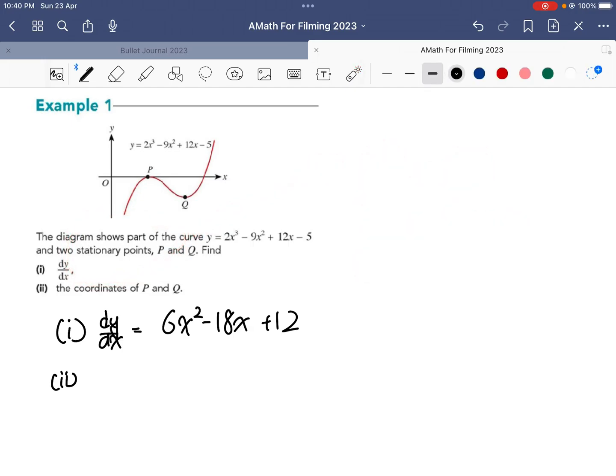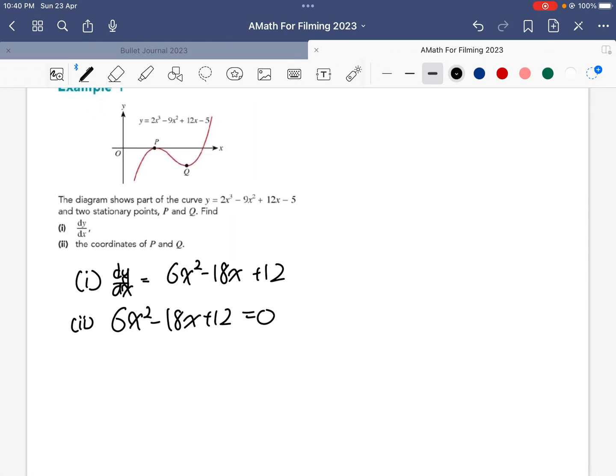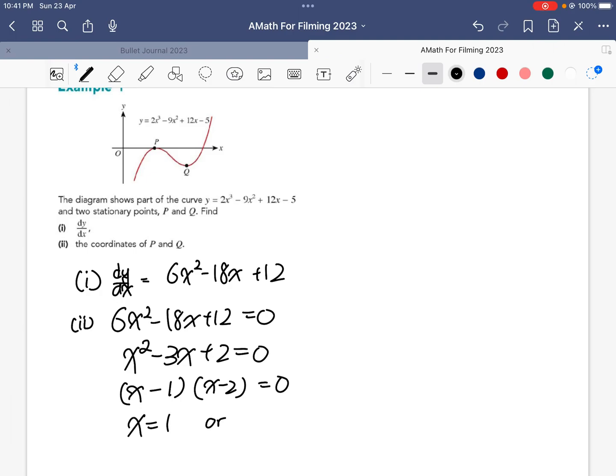So very quickly, 6x squared minus 18x plus 12 equals 0. Let's make our life a bit easier by dividing by 6. Very quickly now, let us just go and factorize. So x equals 1, or x equals 2.